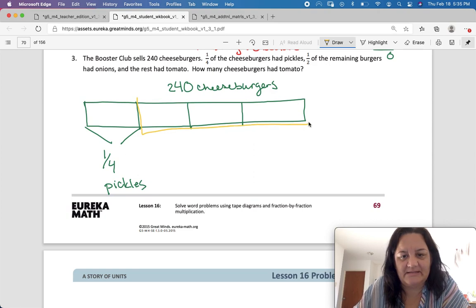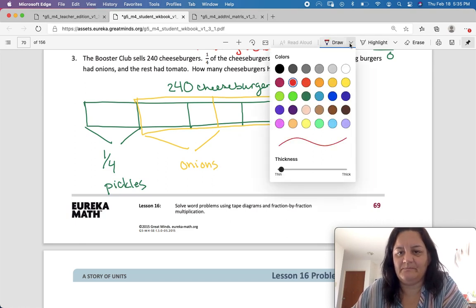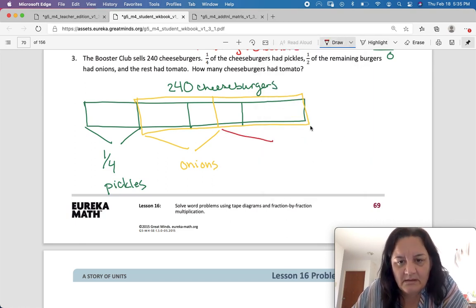Sometimes this pen just doesn't want to complete a circle. Okay, so there's half. Half of my remaining burgers had onions, and the rest had tomato. I should use red for tomato, right? Tomato.